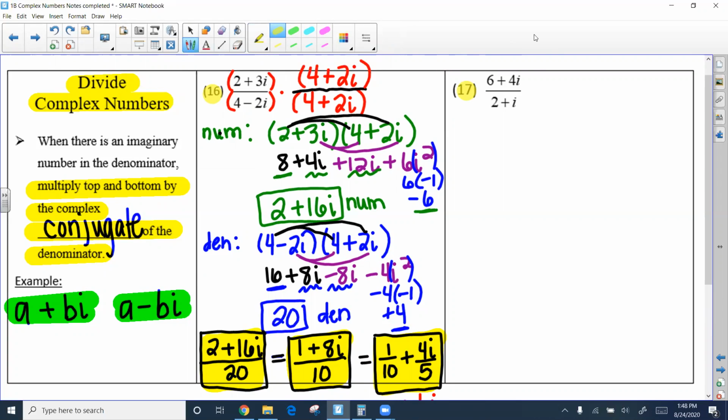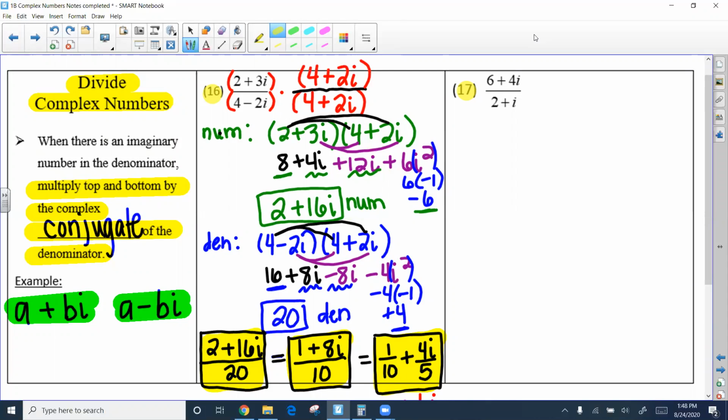On 17, we're trying to divide 6 plus 4i divided by 2 plus i. 6 plus 4i over 2 plus i. All right.